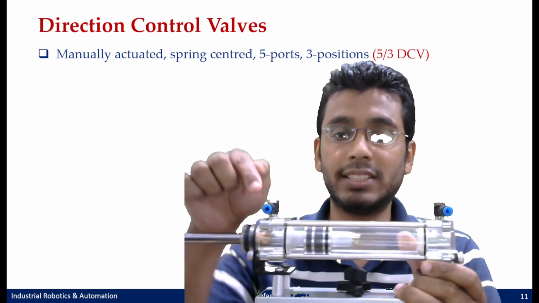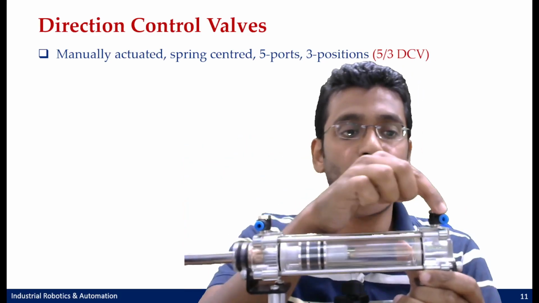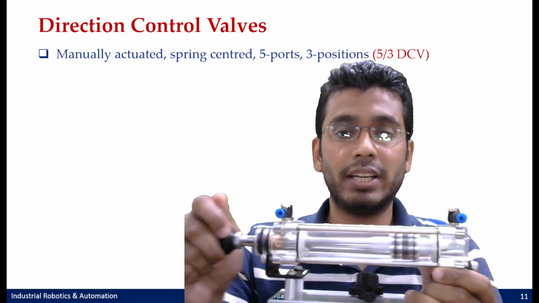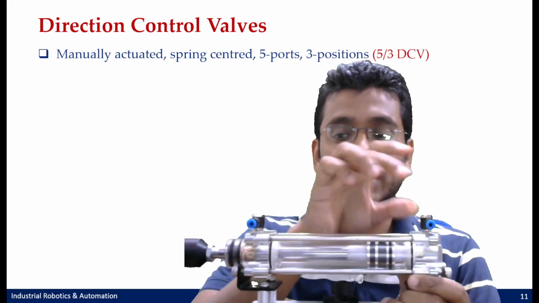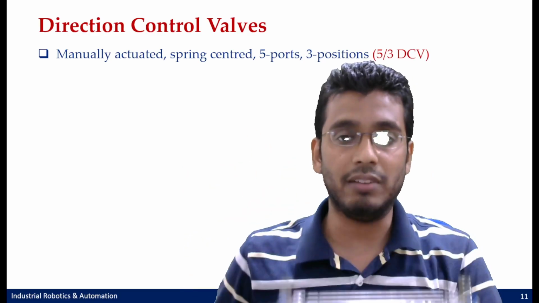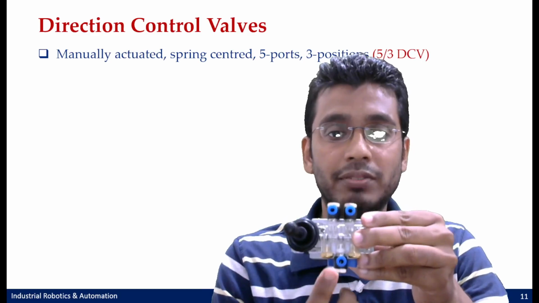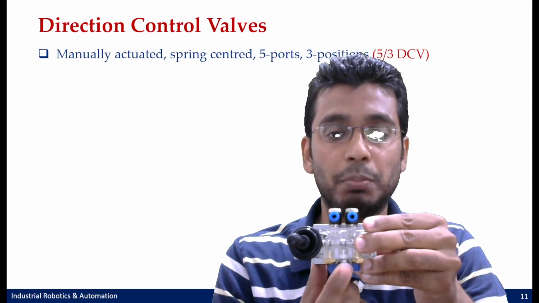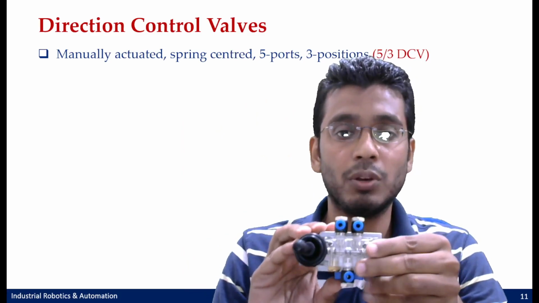If I have to retract the cylinder, I would put my pressurized line here and my fluid would drain from this side and my cylinder would retract. That means for a double acting cylinder you will have 2 ports, and these 2 ports have to go to the valve. So say this is the valve, where you have your bottom most position, your pressurized port, and these 2 ports are connected to the 2 ends of the cylinder.